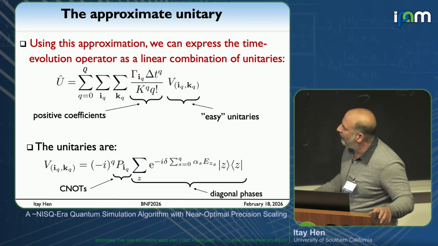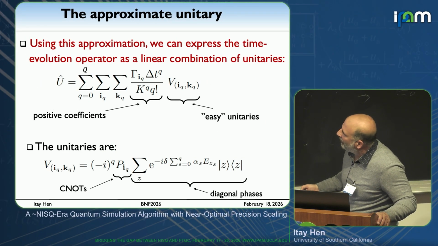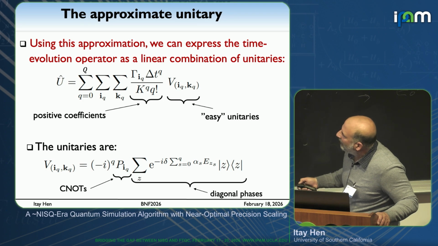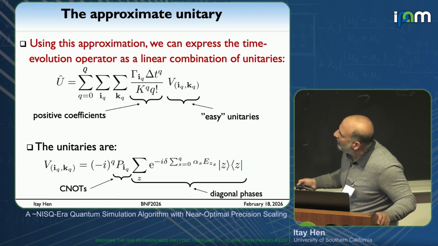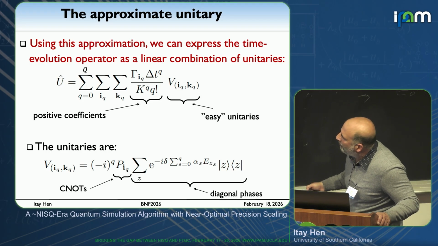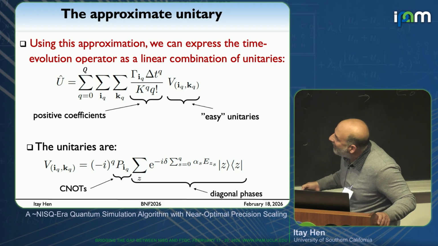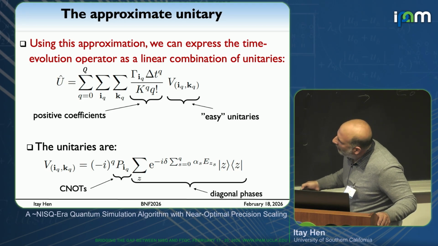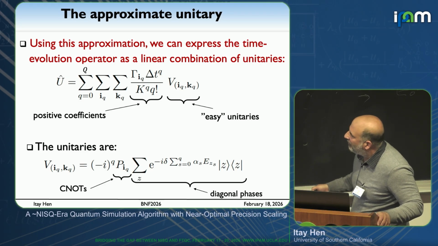And to get to the very bottom of what I was trying to say: if you add another sum over all the divided differences, you end up with diagonal unitaries, meaning a sum over real phases times z.